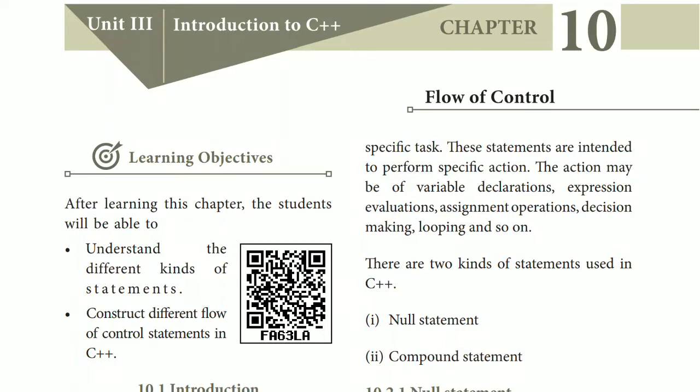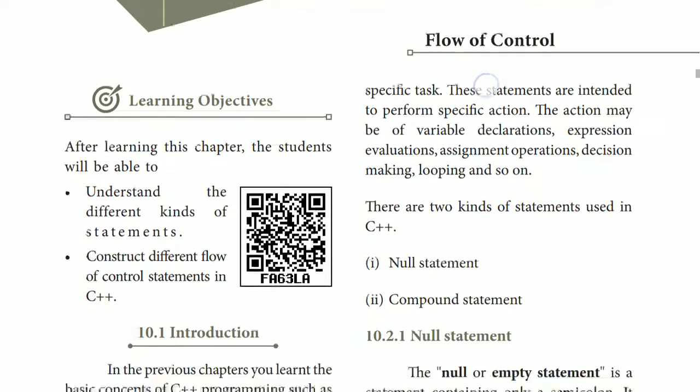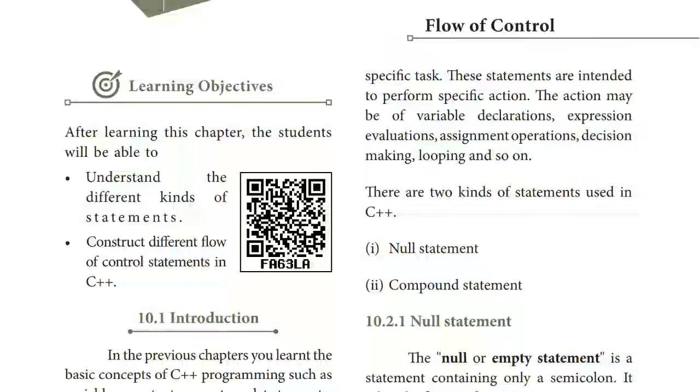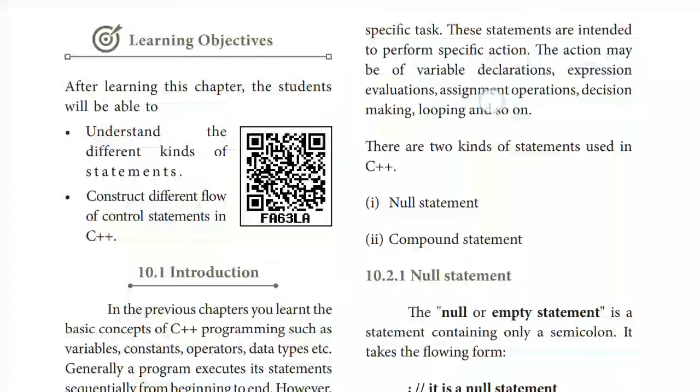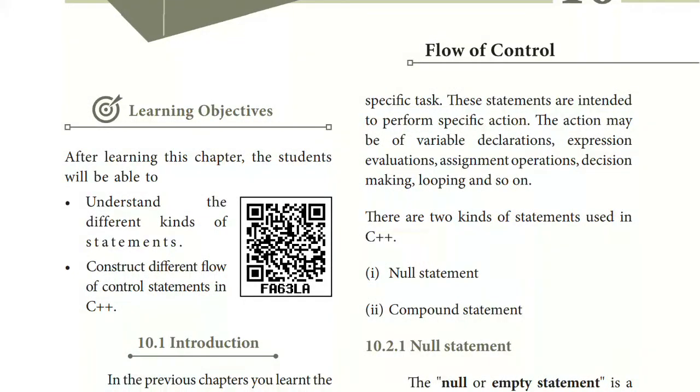The actions may be variable declaration, expression evaluation, assignment operation, decision making, looping, and so on. So there are two kinds of statements used in C++: null statement and compound statement. So here statement refers to any expression or instruction that is given to the computer by the programming language.